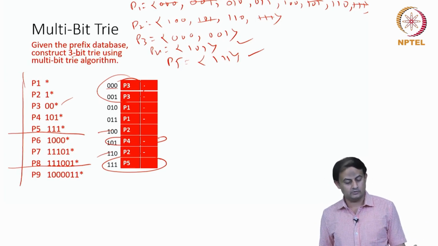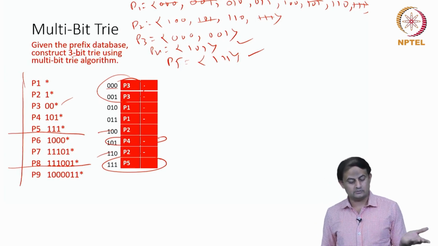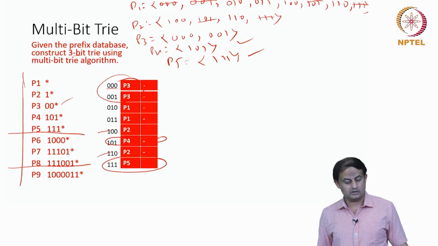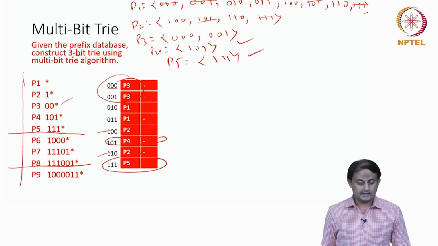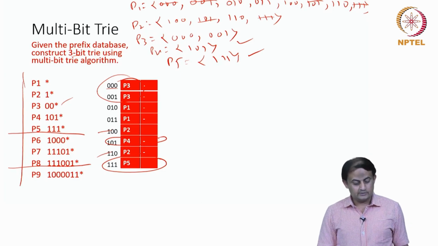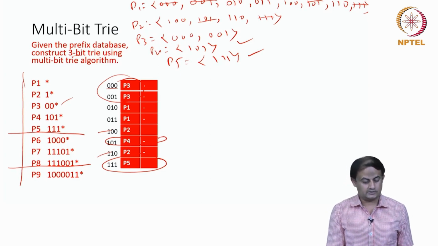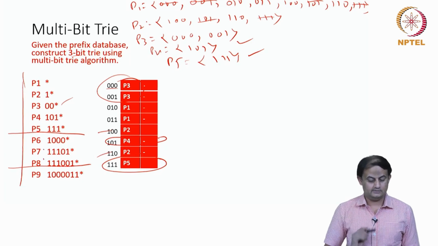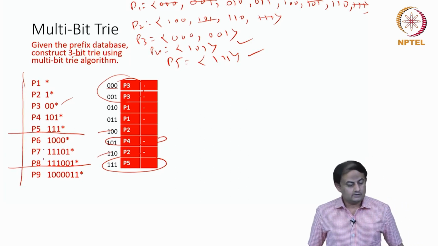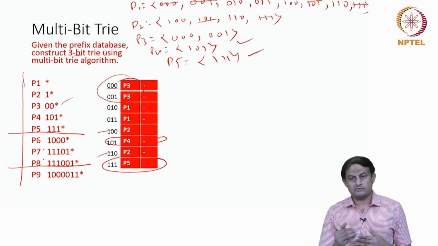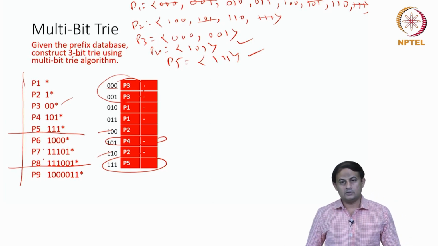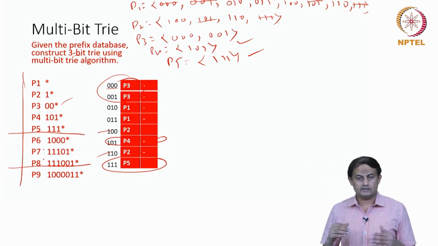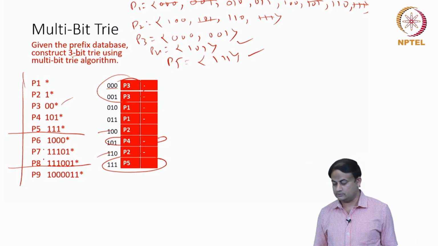So 1 star will include 100 star, 11101 star, and 11100 star as well. And P5 is a superset of P7 and P8, because P5 is 111 star and P7 is 11101 star.